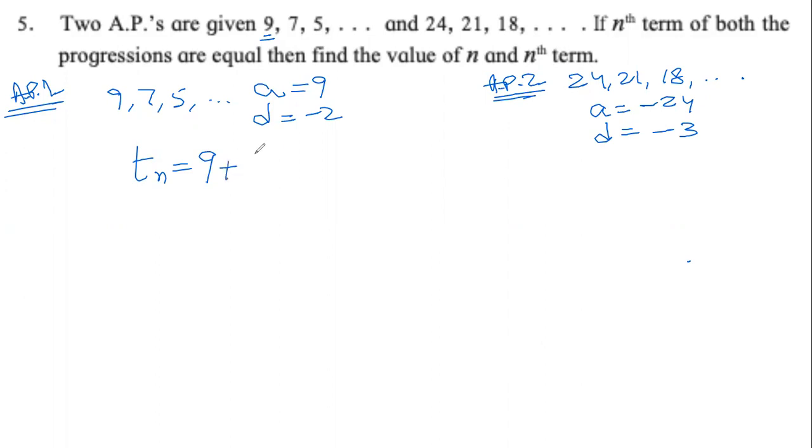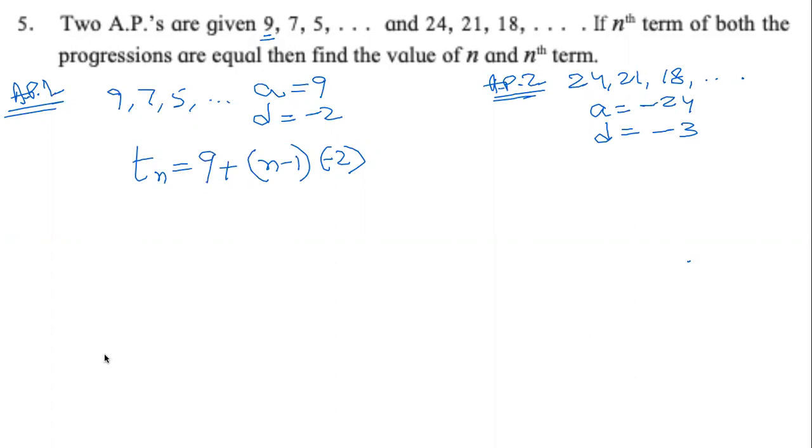Then n minus 1. Very good. D is how much? It's not 2, it's minus 2. We got it. So this is the nth term of the first AP.